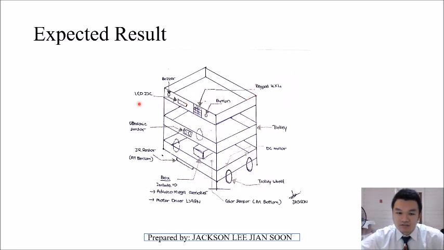After key in, the LCD I2C will display the number of the table to serve. After keying in the number and pressing enter, the overall robot will turn on automatically, and the robot will use the IR sensor to track the line and follow the line to the locations.